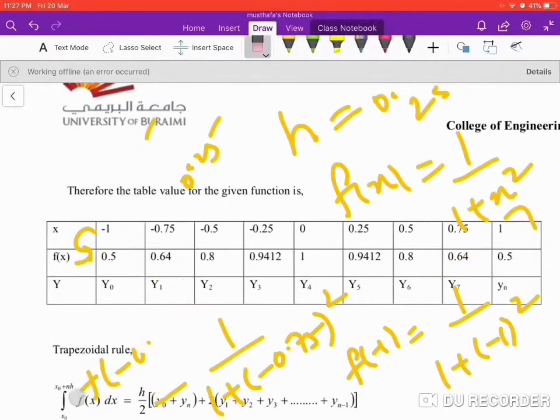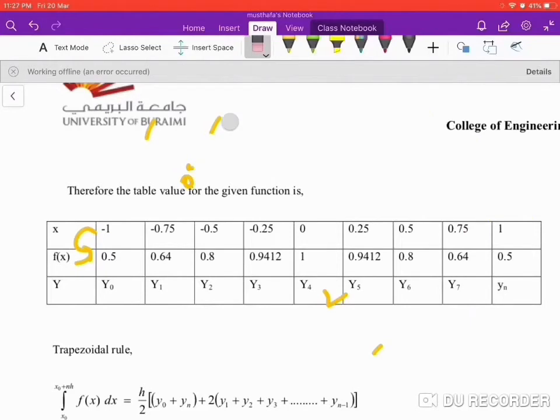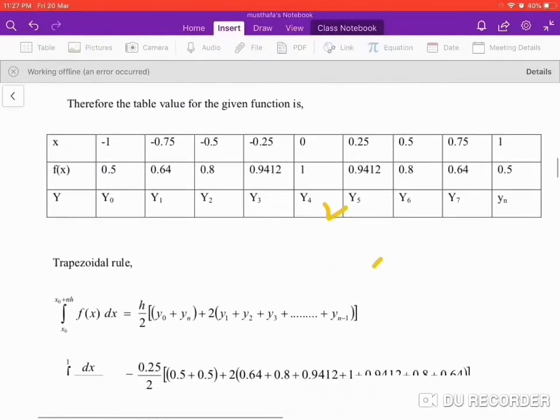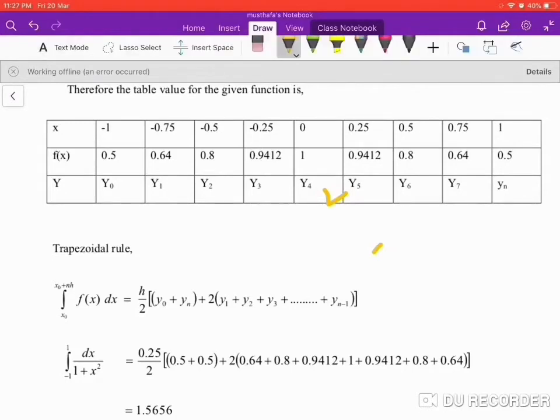Now, let us see the formula of the trapezoidal rule. According to the formula, the required terms are h, y0, yn and 2 times the remaining terms. Usually we denote f of x as y.